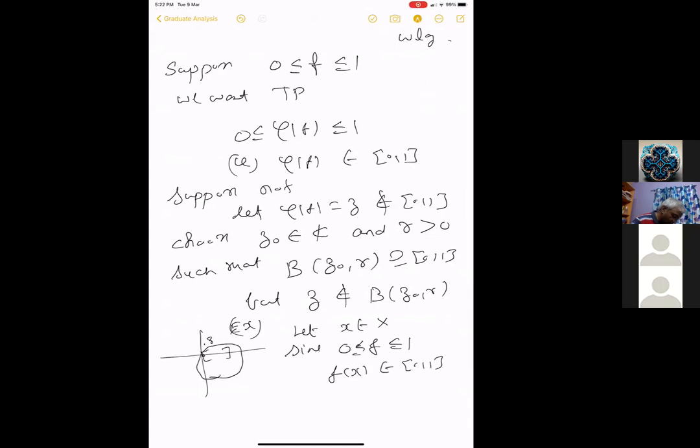So f of x is in [0, 1], so consider |f(x) minus z0|.